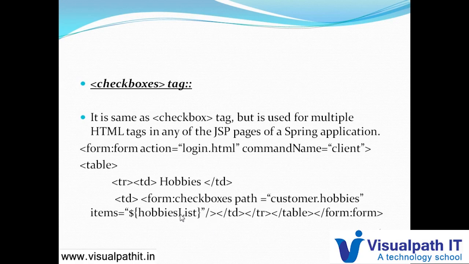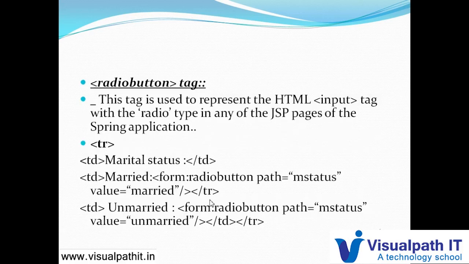If there are multiple checkboxes, the path is equal to customer.hobbies. The hobbies list will come here. If we have multiple hobbies like singing, dancing, stamp collection, etc., we can tick all of them. So it is like multiple checkboxes, multiple HTML tags within the Spring application. The form checkboxes is the syntax.